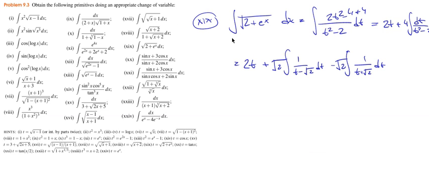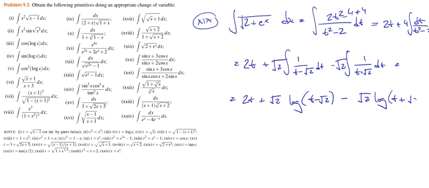Now this is 2t plus the square root of 2 times the logarithm of t minus the square root of 2, minus the square root of 2 times the logarithm of t plus the square root of 2, plus c, right?